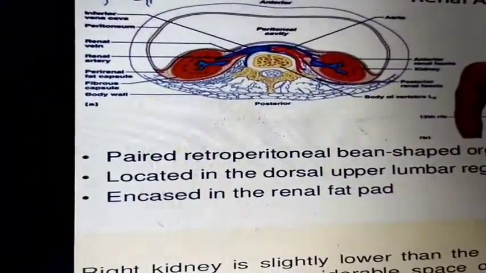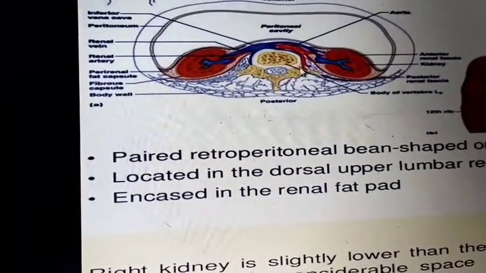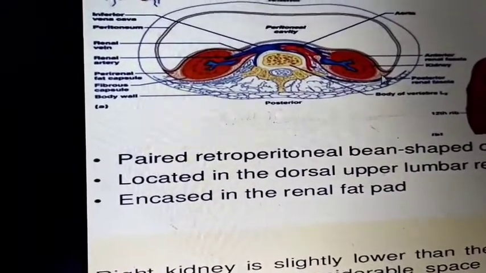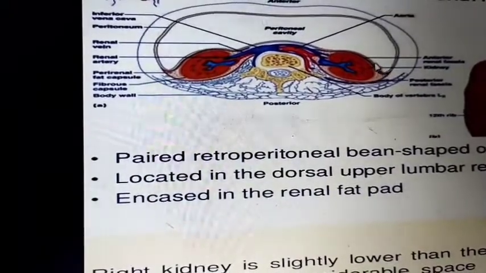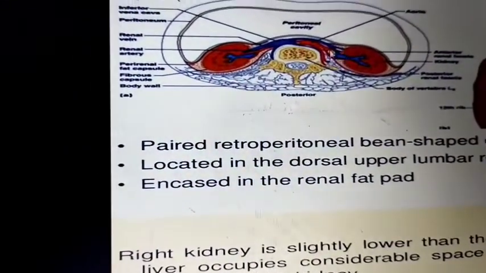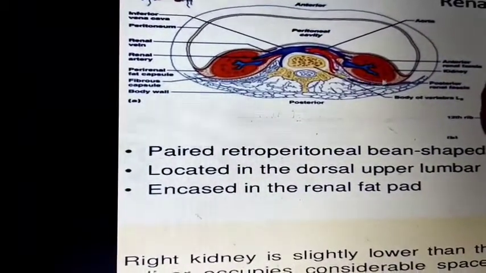This is the anterior abdominal wall, and this is the posterior abdominal wall, and the kidneys are located in the posterior abdomen. Then this is the peritoneum, and the kidney is a retroperitoneal organ. That's why it is situated in the posterior abdominal wall.